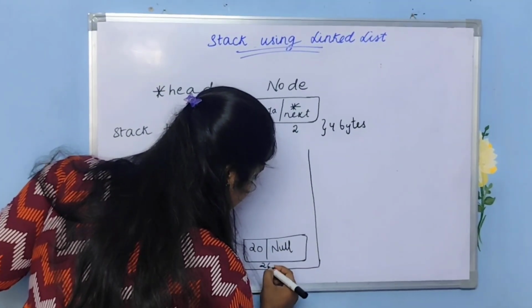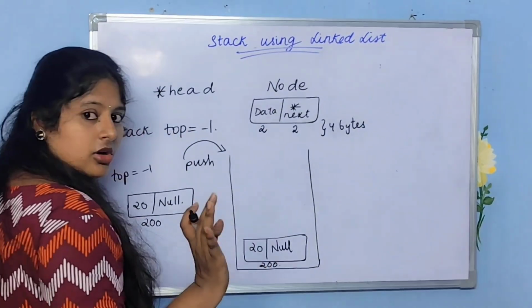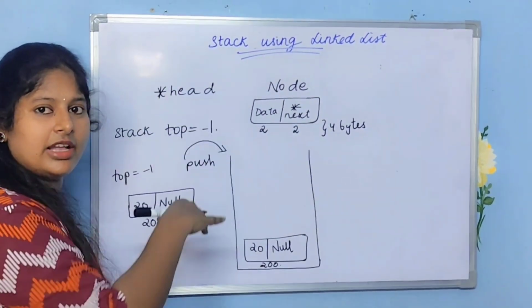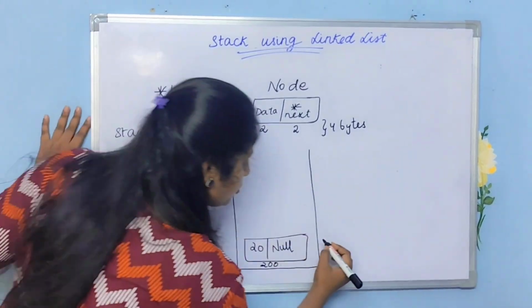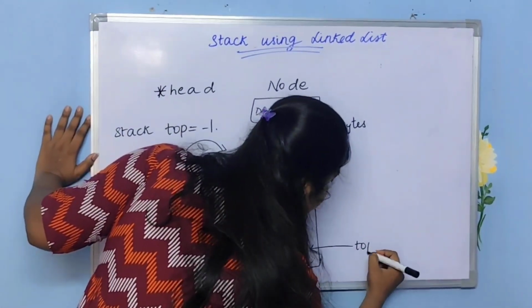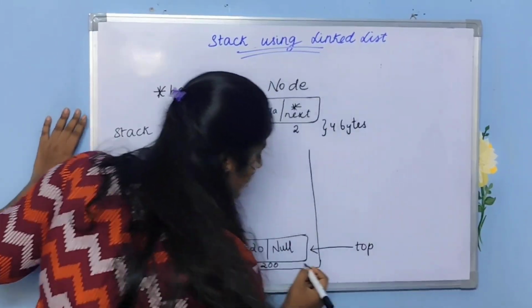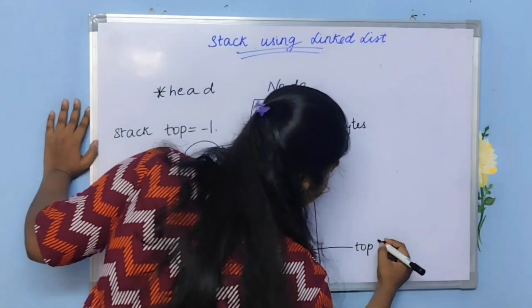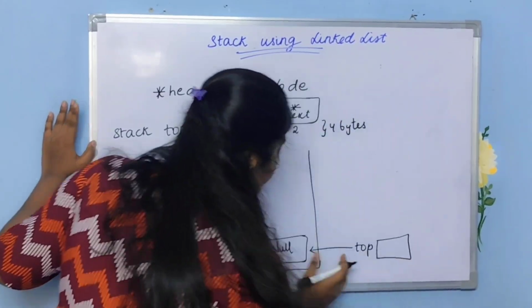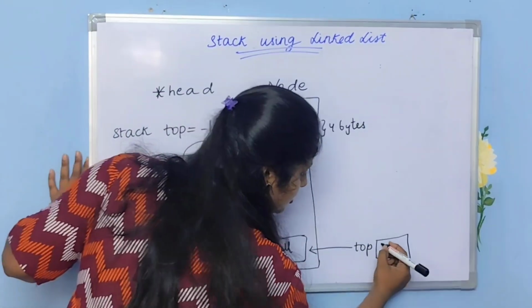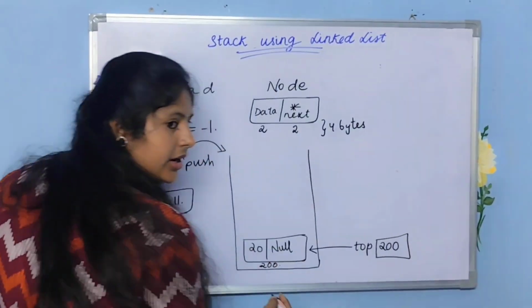So address is 200. Now top value is not being incremented like the others. Top points to my first entered node address. So now top is containing the address of the inserted new node. What is the address of this node? 200. So top equals to 200.